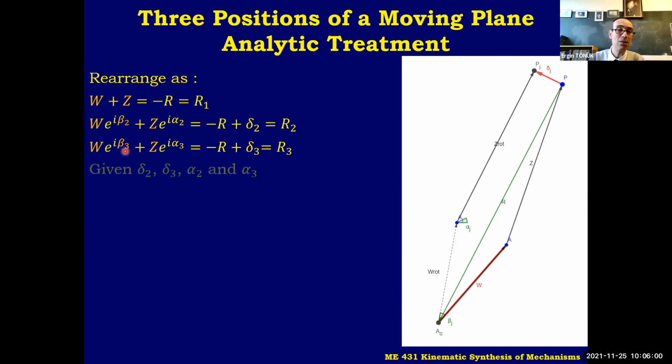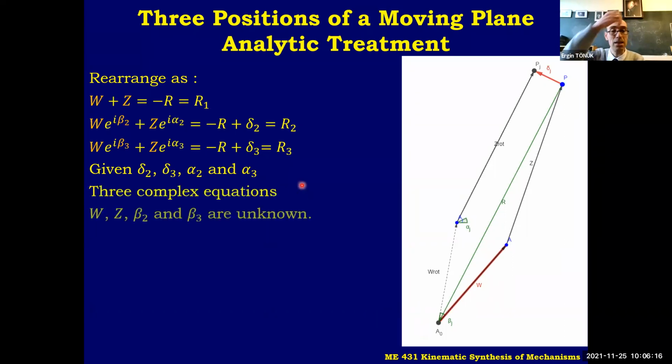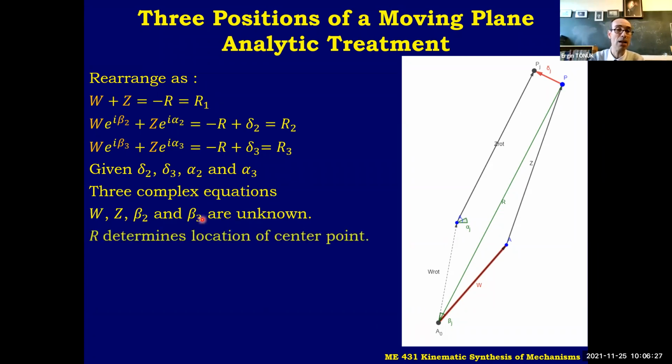So what shall I do? Given delta 2, delta 3, alpha 2, alpha 3, and I select what R is, that is the location of A0, I have, as I said, 3 complex equations and 2 complex and 2 scalar unknowns. So I have a unique solution once I select R. So how do I solve for it?